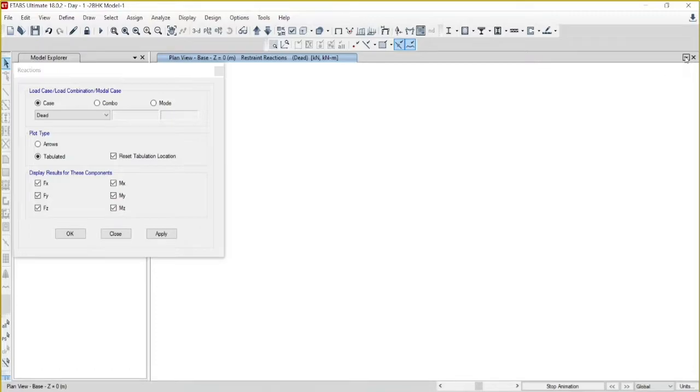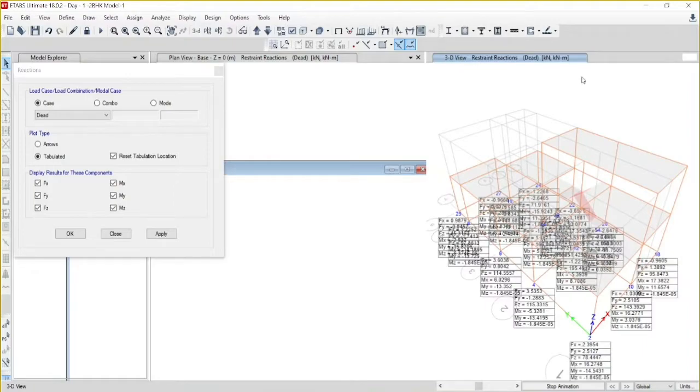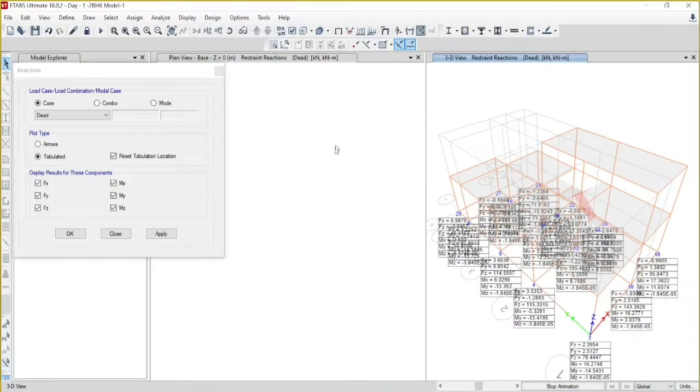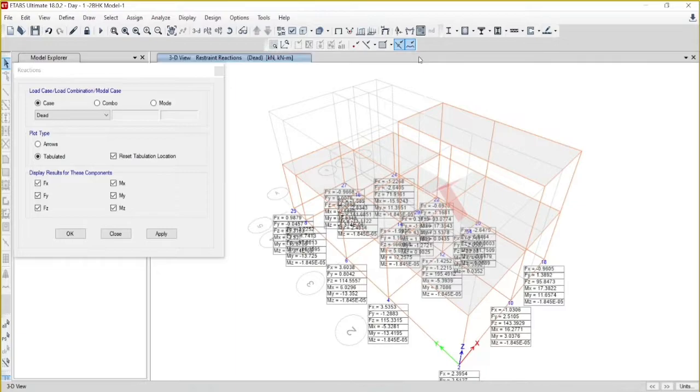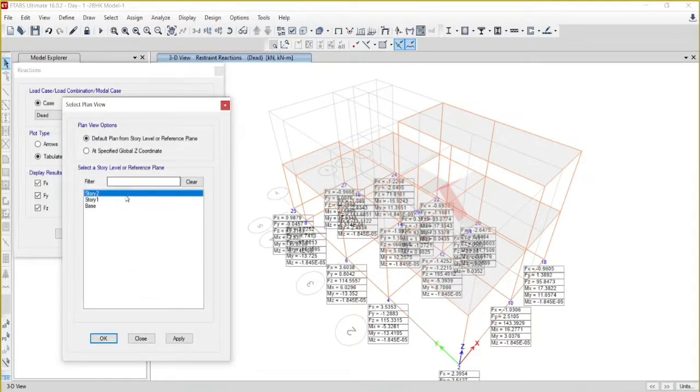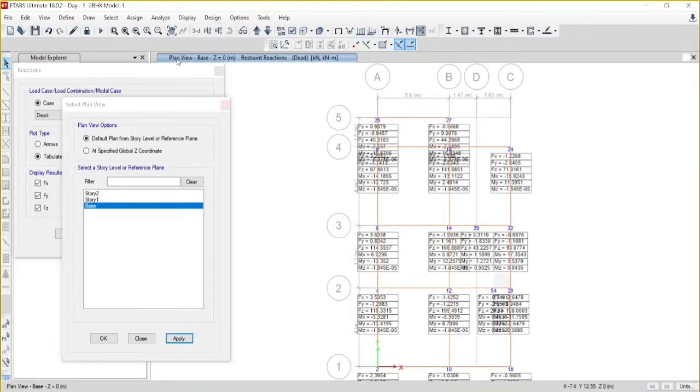If you want additional windows, you can use Add New Window here. You will have a new window here. You can see that two windows are now open. Whatever window is not required, you can close. Let us go to base and apply. Now these are your reactions.